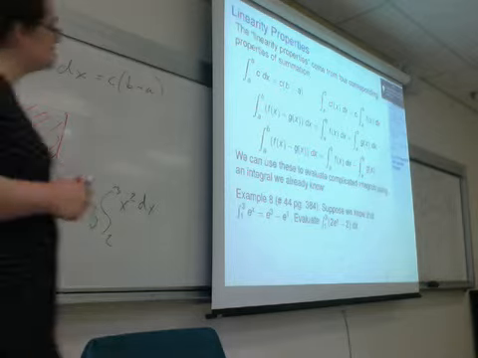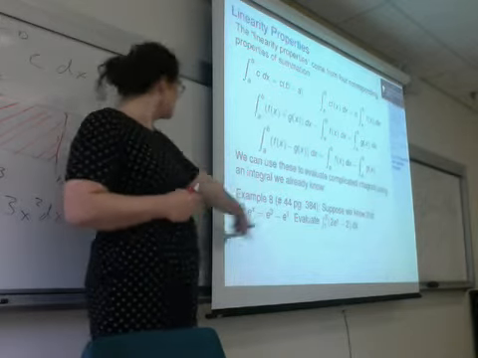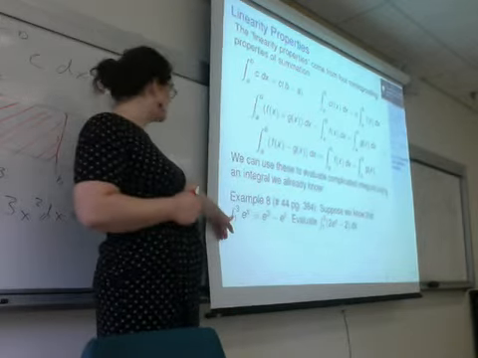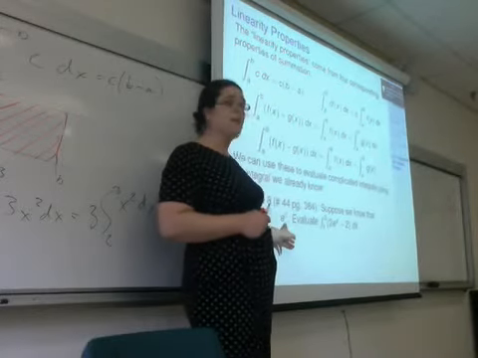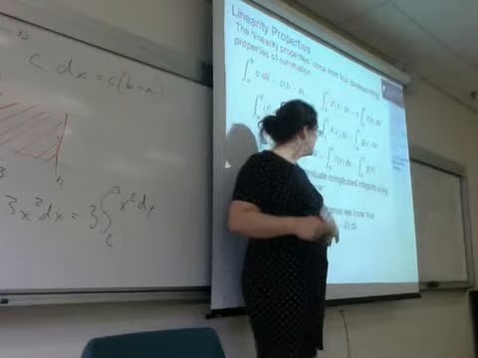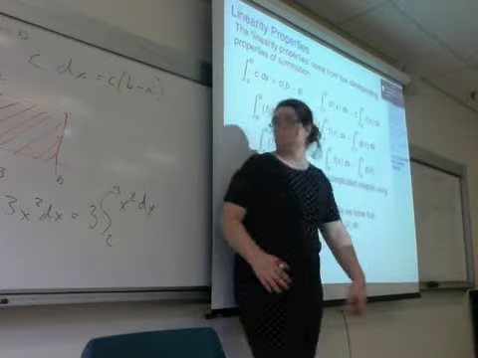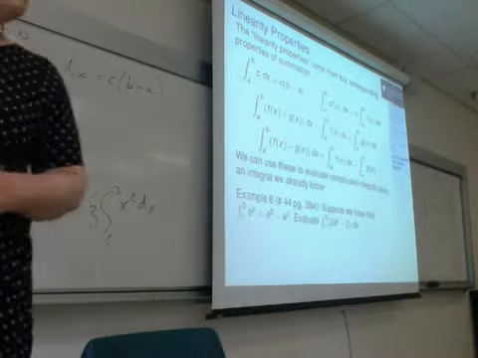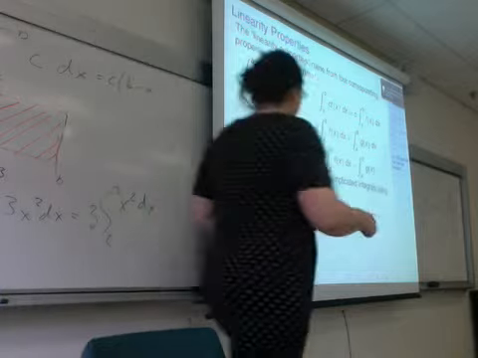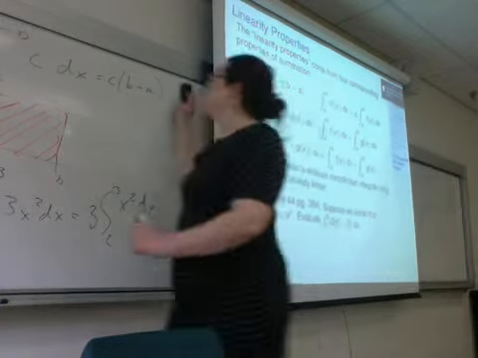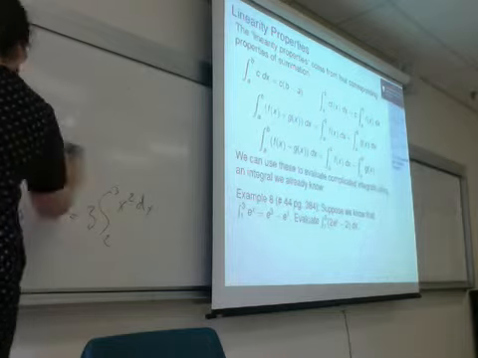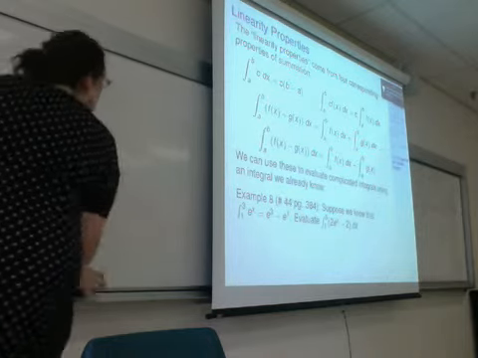So for example, let's suppose using limits of sums or something, we figured out that the integral from 1 to 3 of e to the x is e to the 3 minus e to the 1. Now we want to evaluate the integral of this. To evaluate that integral, we can just use those properties up above.